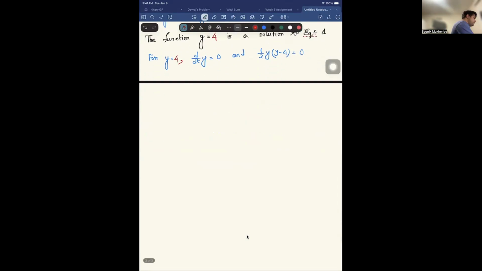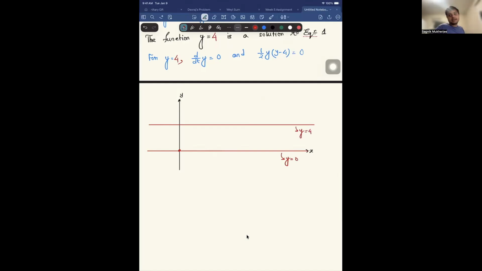So meaning, x-axis, y-axis. So if I draw this line, it is the line y equals 0, and this line, the line y equals 4.